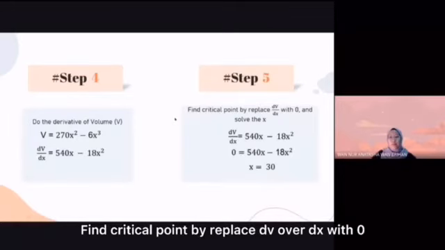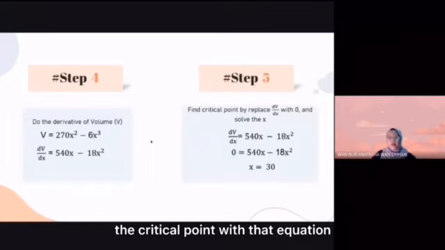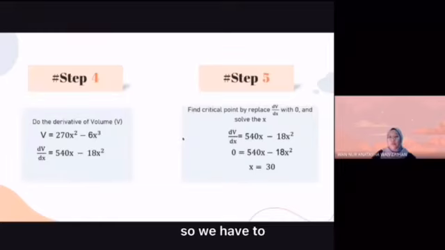Find the critical point by replacing dV over dx with 0 and solving for x. So, the final value of x is 30.